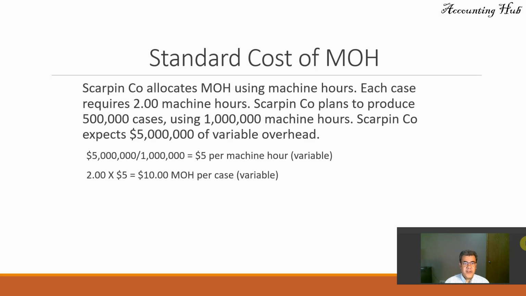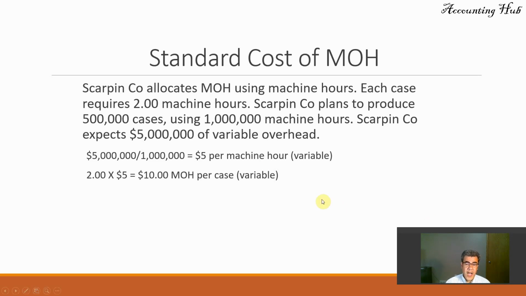So let's consider here, Scarping Corporation allocates manufacturing overhead using machine hours. Each case requires 2 machine hours. Scarping Corporation plans to produce 500,000 cases using 1 million machine hours, and we expect 5 million of variable overheads.